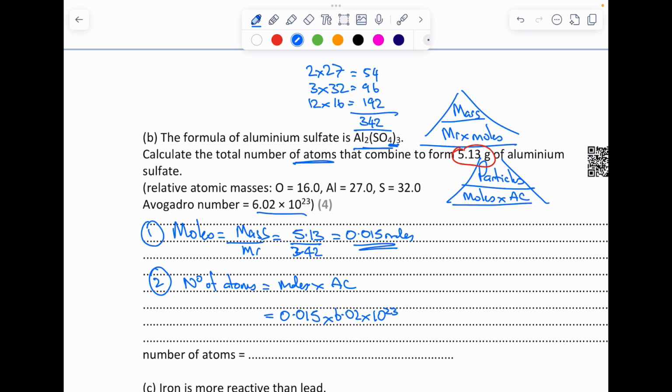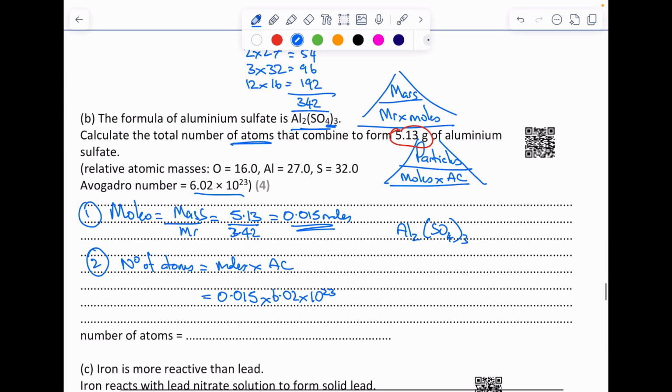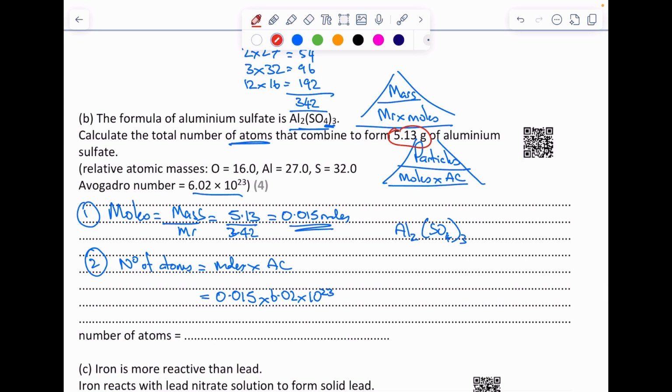But we also need to know that in this aluminium sulfate, we need to count how many atoms there are going to be. So in aluminium there's 2, sulfur there's 3, because we've got to times it by 3, and oxygen is 12. So it actually gives me, because you add those together, 17. So I'm going to times this also by 17.